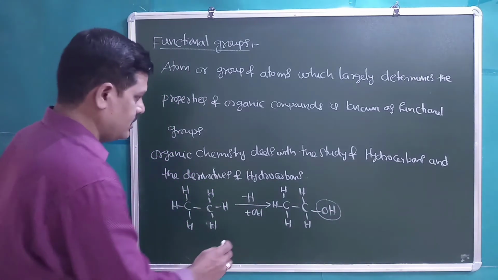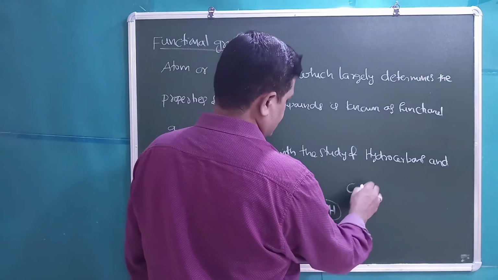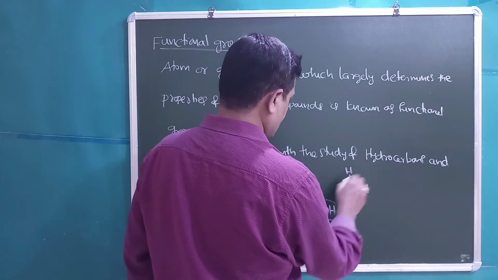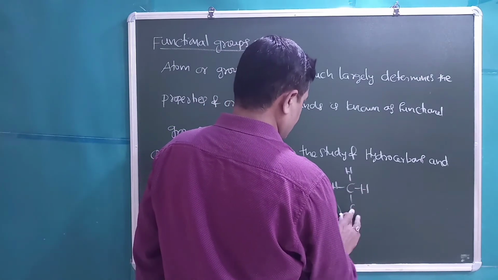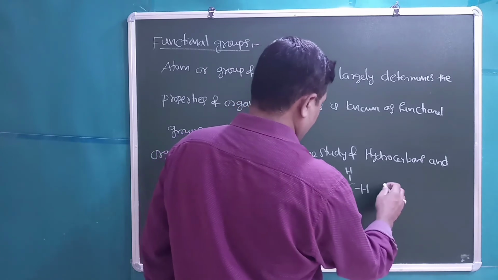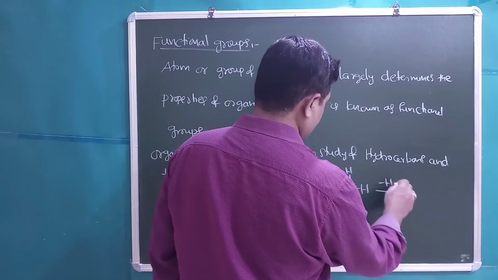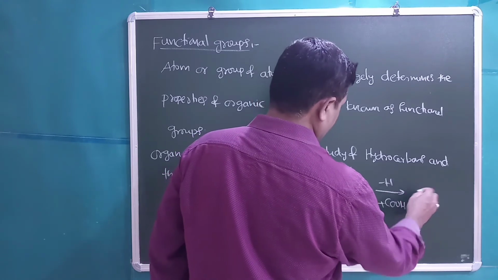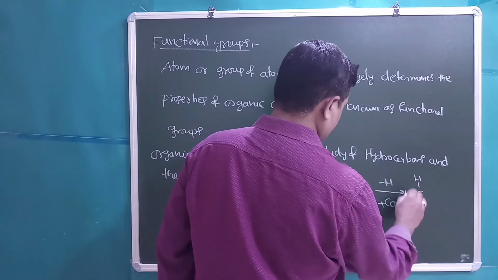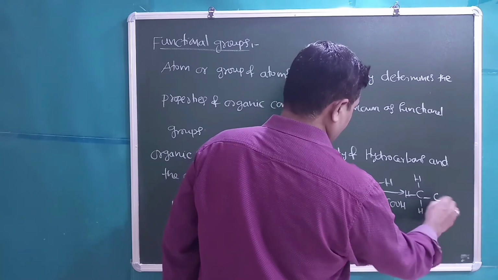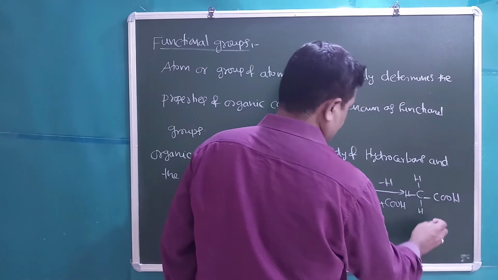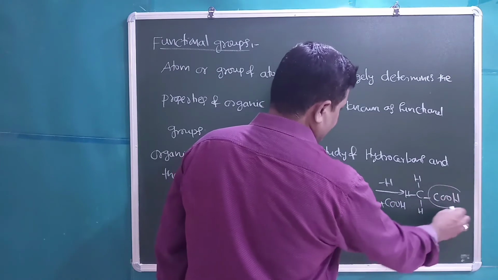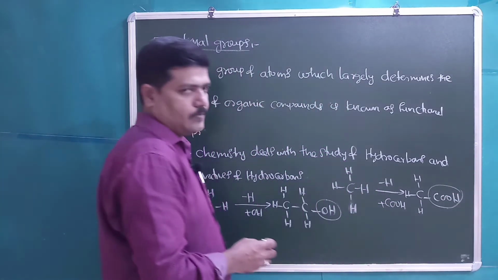For example, if you take methane CH4, one of the hydrogens is replaced with the COOH group. Then we will get CH3COOH. So here carboxylic acid is called a functional group, right?